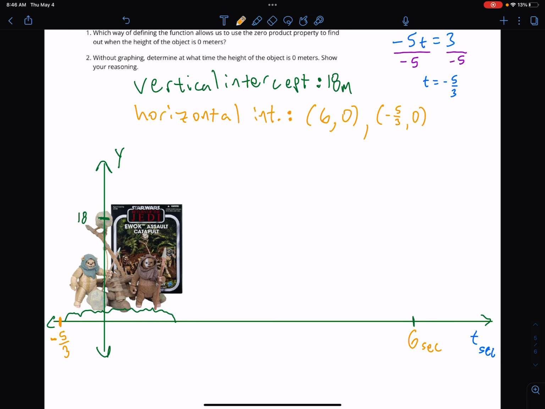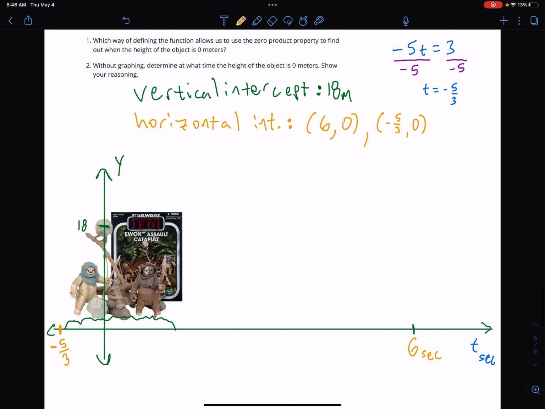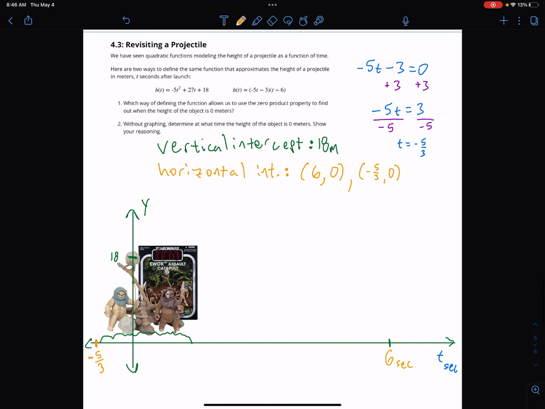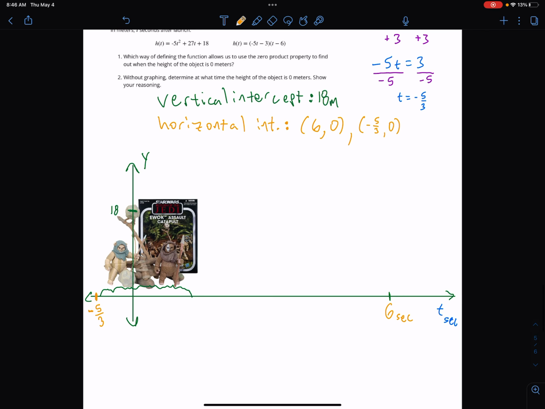And we haven't talked much about this, but I just want to mention the domain of this function. When you're dealing with a catapult, you've heard about domain and range, right? The range is all the possible values that go up and down. It's never going to be negative, okay? This thing's going to hit the ground.